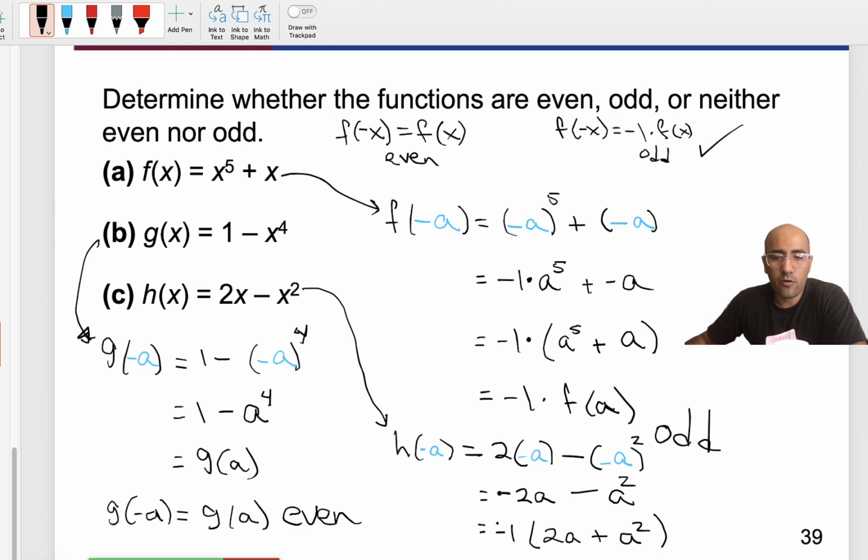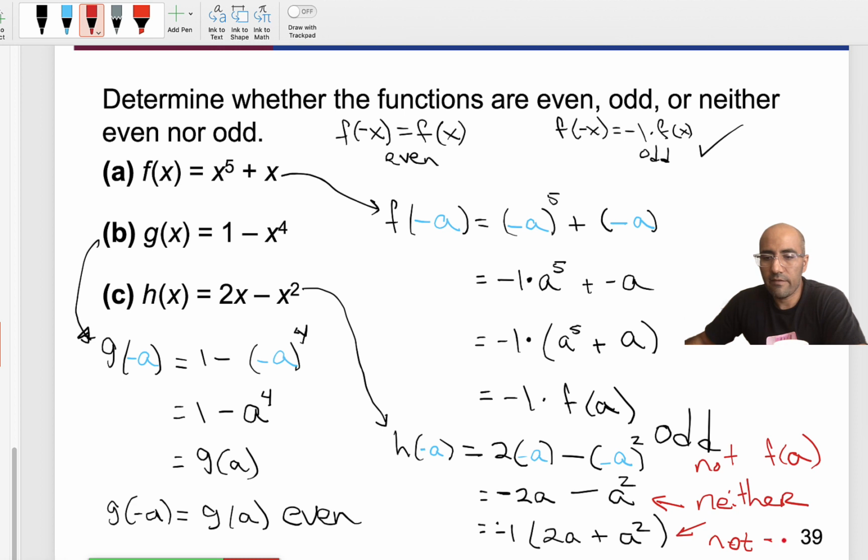And so it's neither one. This one here before we factored out the 1 was not exactly equal to h of a. So neither one of these is going to be helpful. So this one's neither. Any questions? Not that one, not that one. So this is not f of a, and this is not negative f of a.